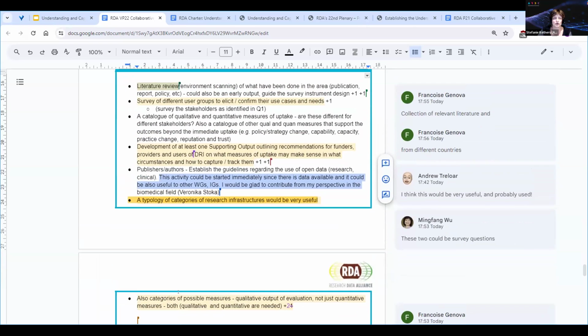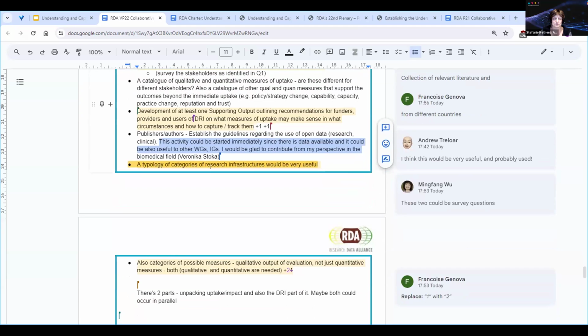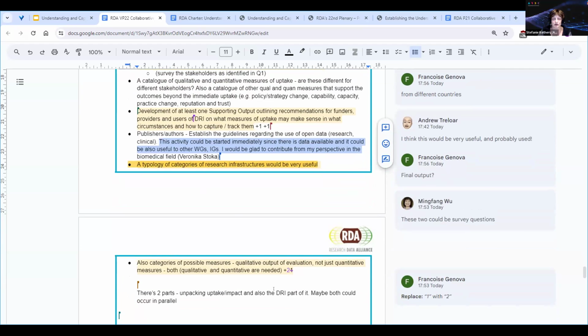Okay. So the literature review would be one thing. The definition of the scope of the group probably would have to be unpacking the question of uptake and impact, and also what we mean by DRIs. So that could potentially occur in parallel.